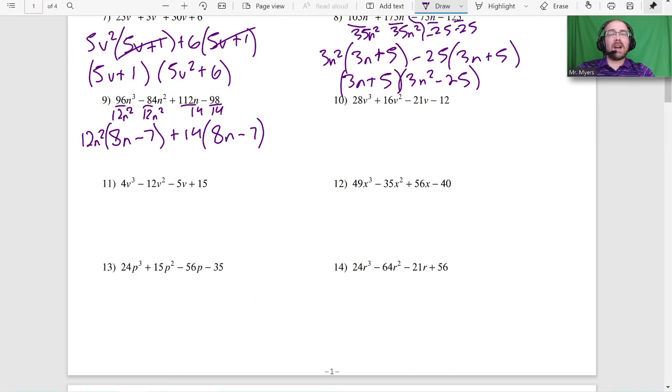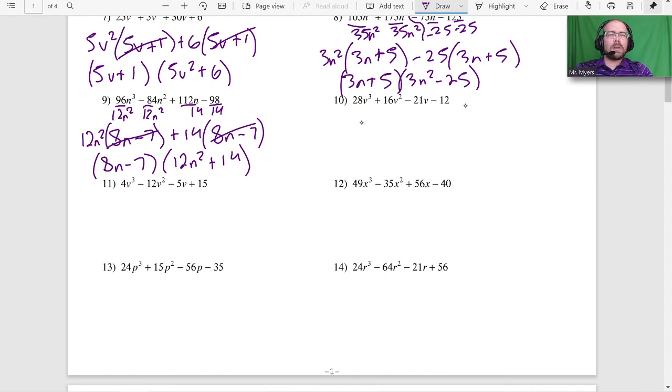If your teacher just did not give you enough time for this quiz or test coming up, you can do it a little faster. I'll show you on number 10 exactly what I'm talking about. But for right now, we know we have 8n minus 7 on both, so we do 8n minus 7. And then we'd have 12n squared plus 14. And we're done.